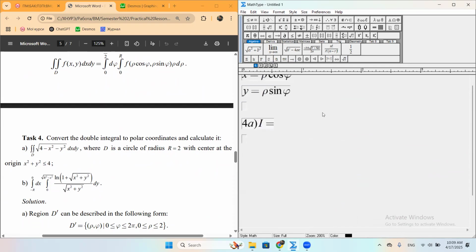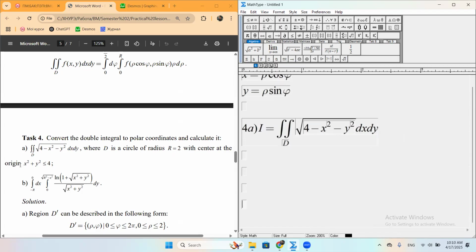So the integral is the following: the square root of 4 minus x square minus y square dx dy. So it equals, yeah, we don't know to which value it equals now.